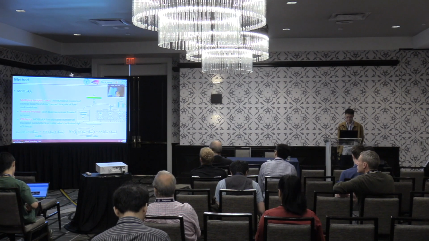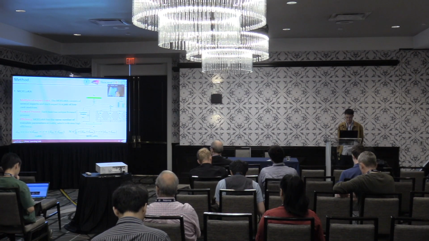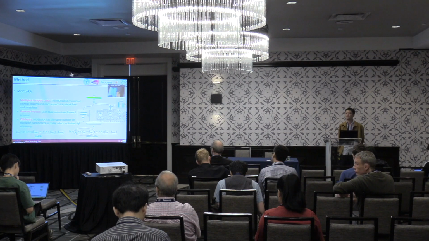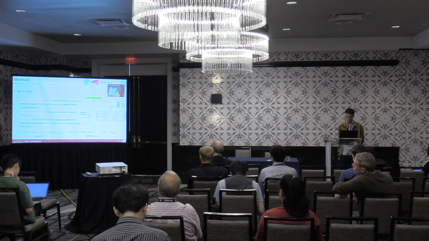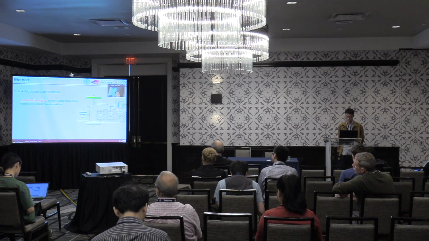In MOE LoRA, the r-dimensional low-rank matrices are split into N experts. So the number of parameters for each expert is as this formula in the red circle. Finally, multiplying by N, MOE LoRA has the same number of trainable parameters as LoRA, which indicates high efficiency.